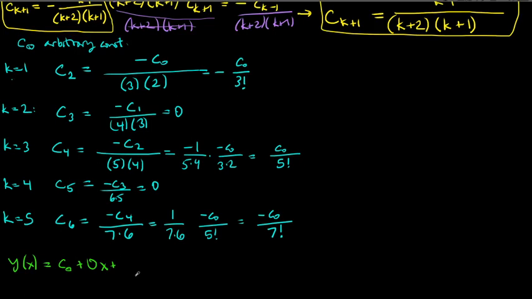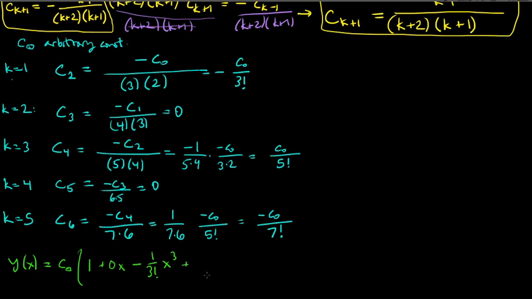I probably should have done that. You don't have to, but it might help. So C0 times 1, and then plus 0 times x, and then minus 1 over 3 factorial times x cubed, times C0, which is on the outside.